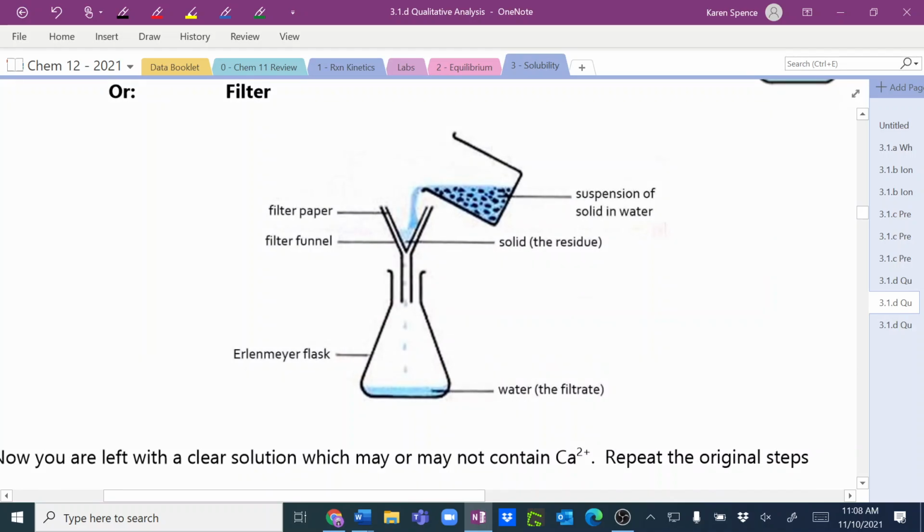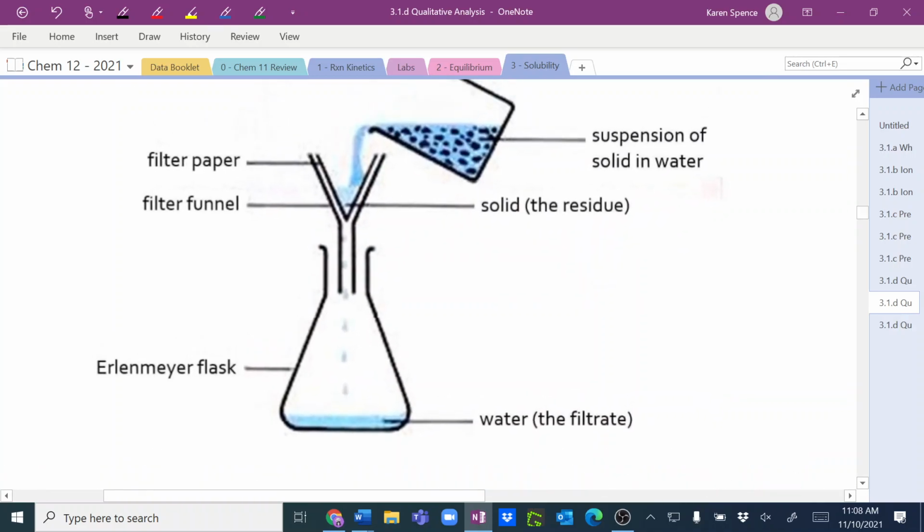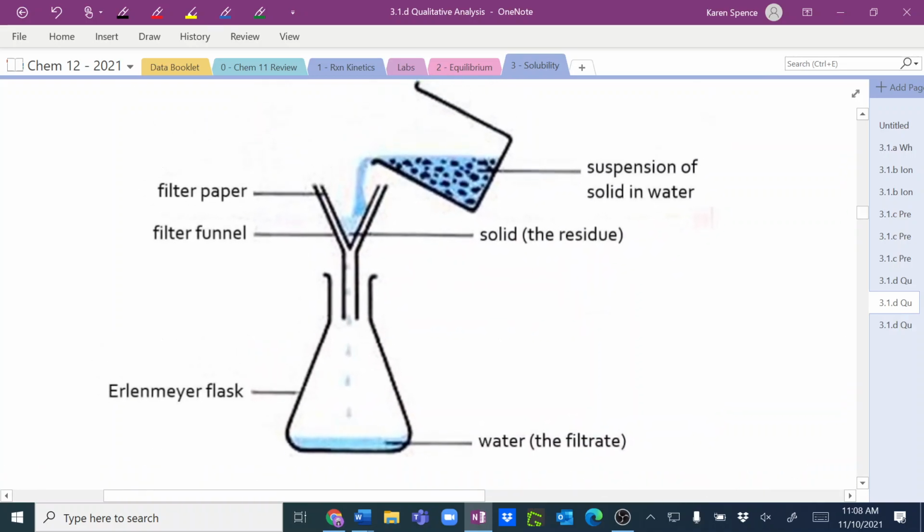This is showing what would happen if you have your suspension of a solid in water. It's called a suspension when you have a solid hanging in the water. It is suspended in the water. We pour it through, and all the little solid bits are too big to fit through the pores in the filter paper. The filter paper has tiny pores in it.